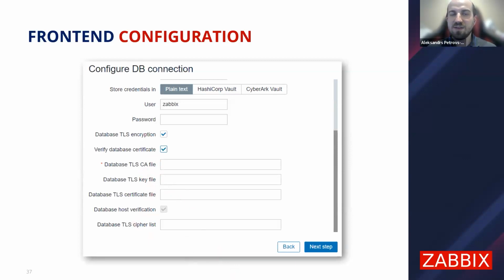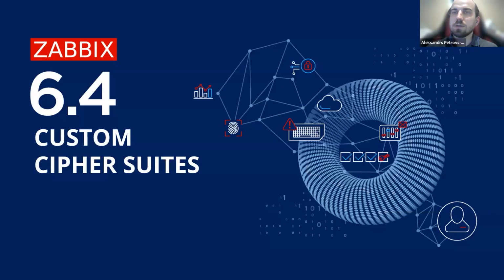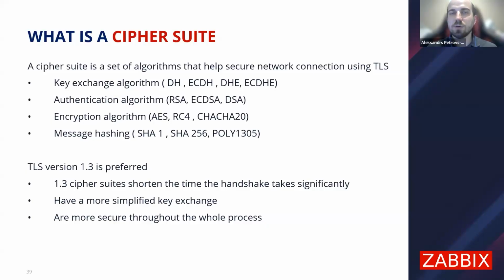And about the custom cipher lists. If you are familiar with those, then a cipher suite is essentially a set of algorithms that help to secure the network connections using transport layer security. And there are different key exchange algorithms and authentication and encryption and message ones. So of course, before starting to configure any ciphers, you need to check what is currently considered to be the most secure or the fastest option, depending on your preference.